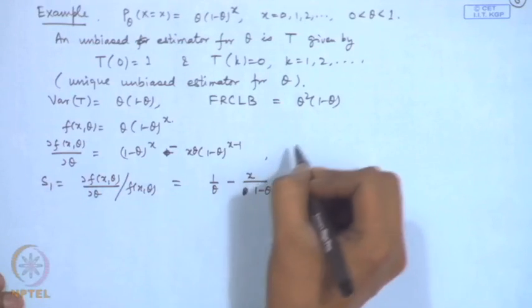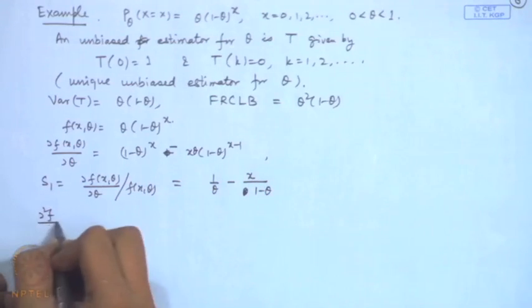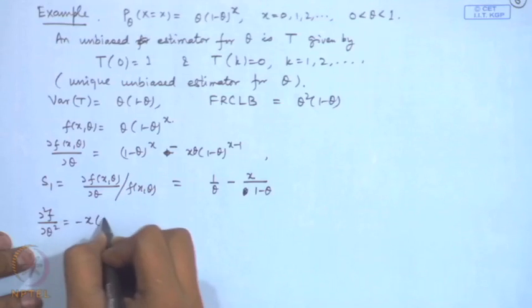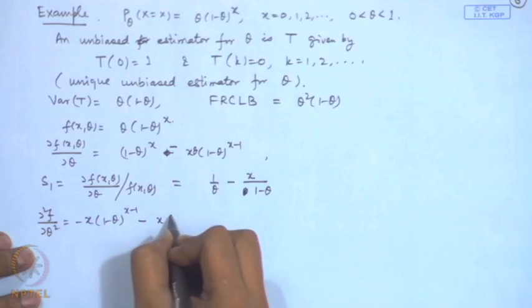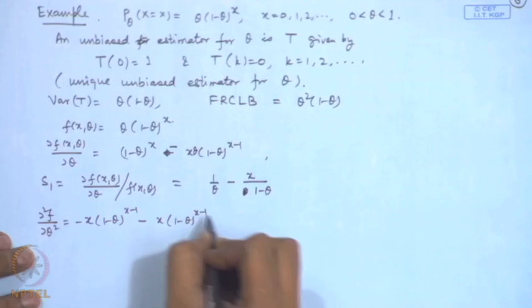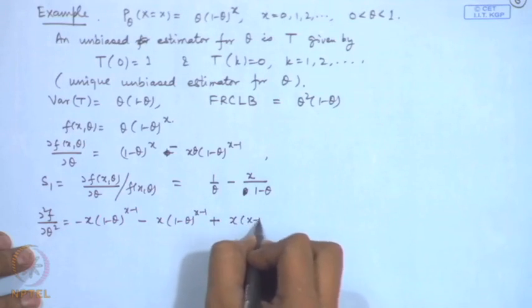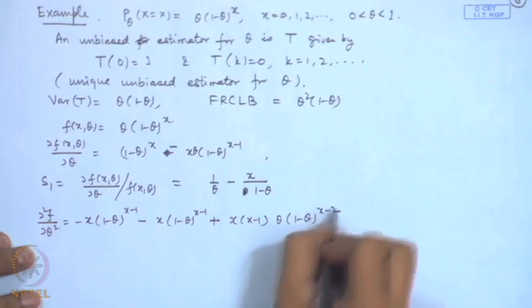Similarly, if we consider the second derivative here, del 2 f by del theta 2, we get here x into 1 minus theta to the power x minus 1, minus x into 1 minus theta to the power x minus 1, plus x into x minus 1 theta into 1 minus theta to the power x minus 2.